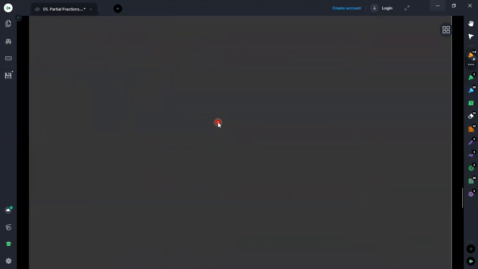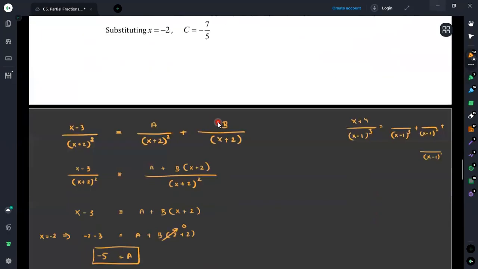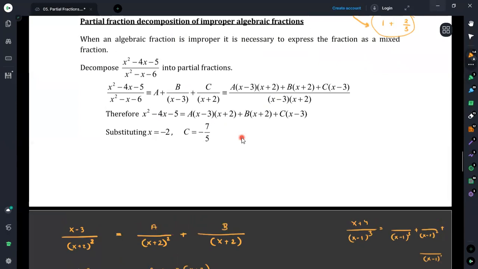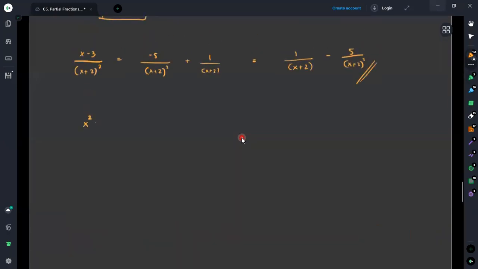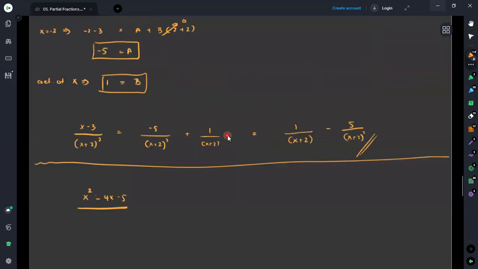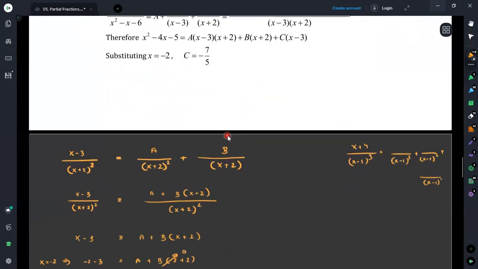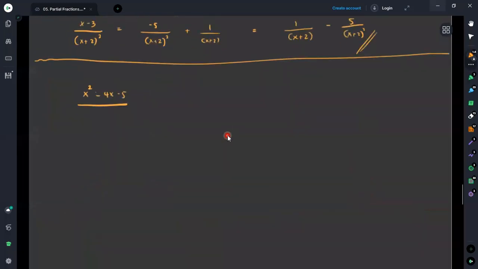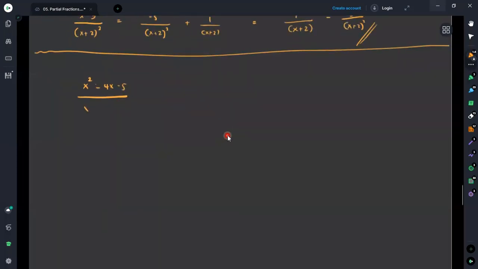Therefore, if I write the calculation here, it is x squared minus 4x minus 5 over x squared minus x minus 6.